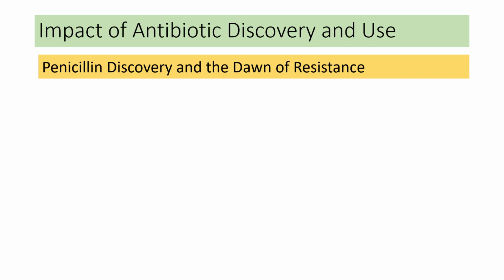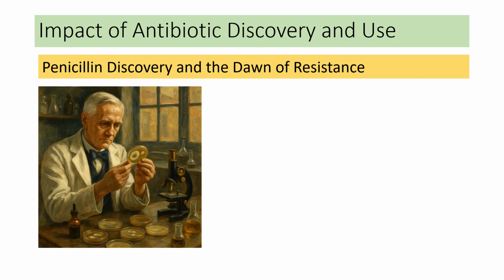As the story goes, Fleming returned from a vacation to find a petri dish contaminated with mold. But this wasn't just any mold, it was Penicillium notatum. And around the mold, something remarkable was happening. The bacteria, Staphylococcus aureus, were being killed.